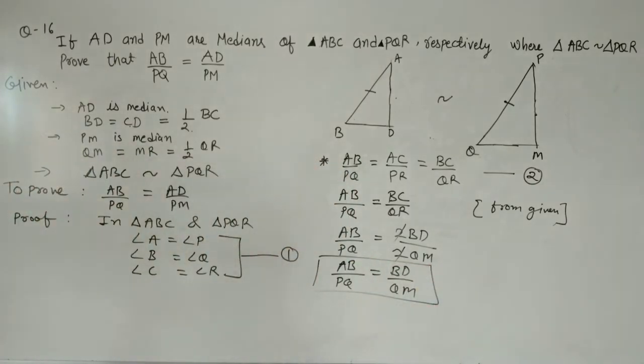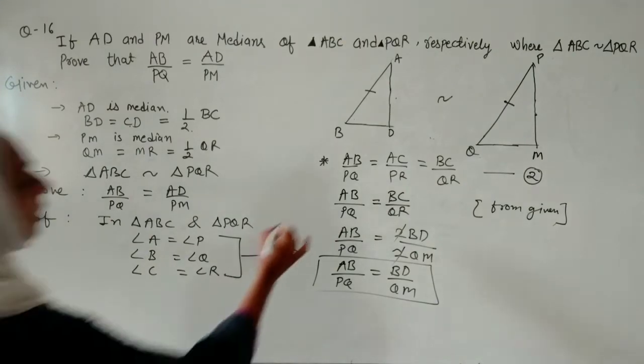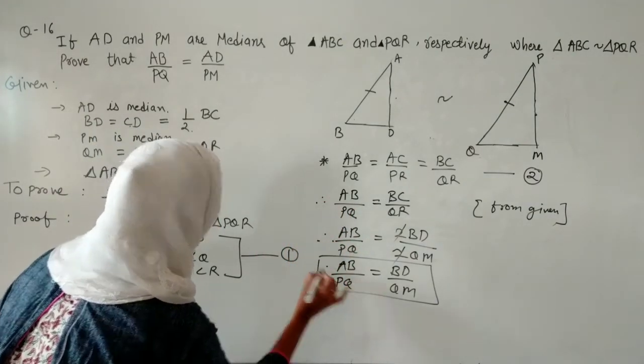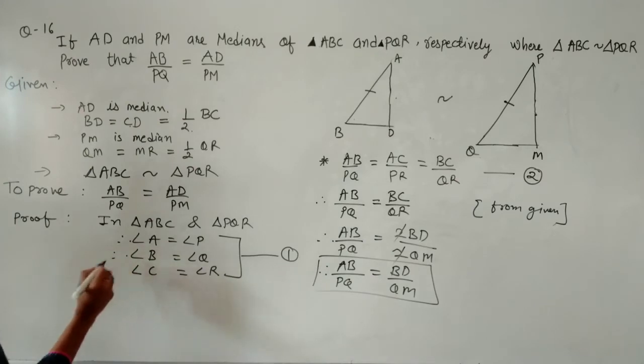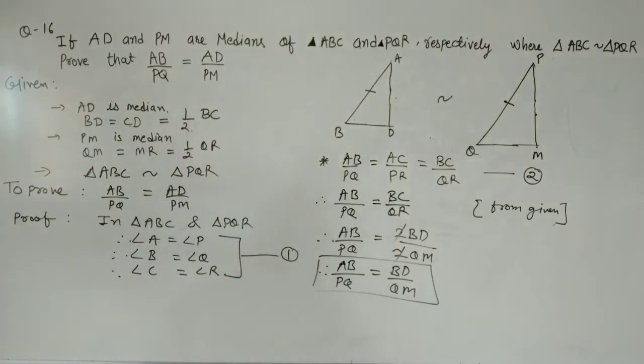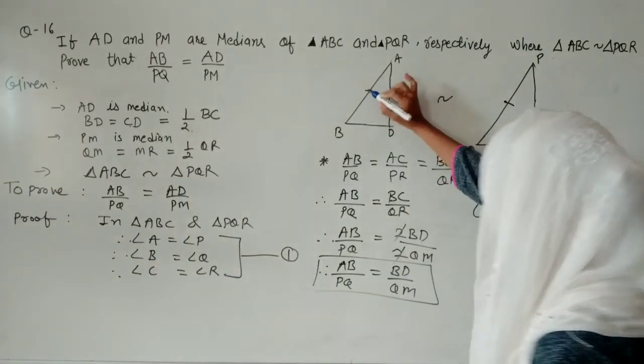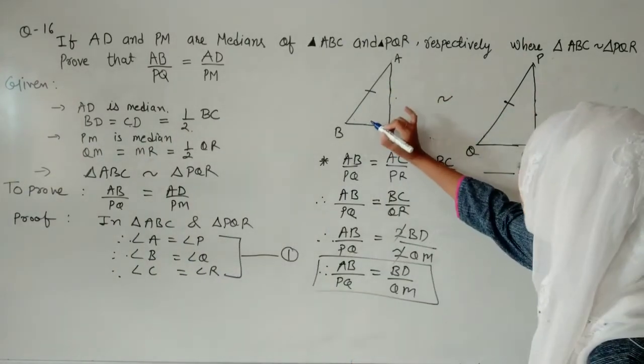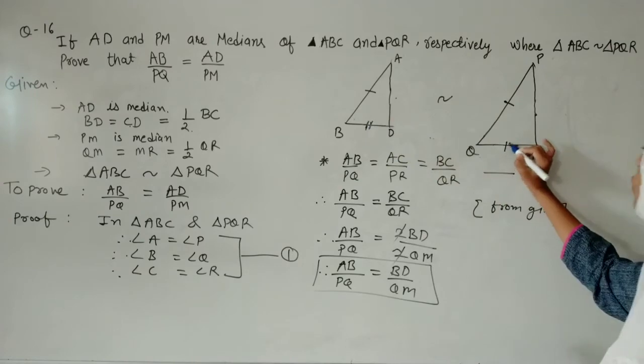Now wherever this is useful to us, we will use it. So let us put some signs over here. What do we have to mention? We got AB by PQ equals BD by QM.